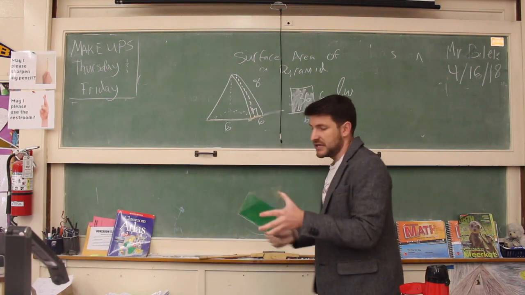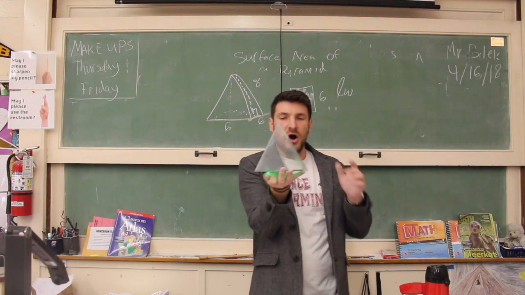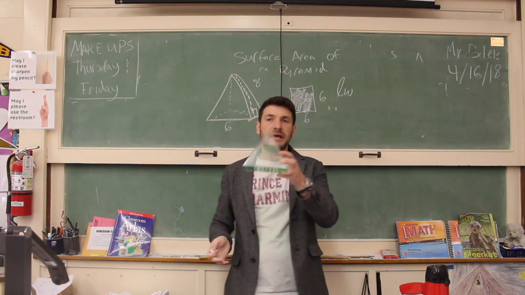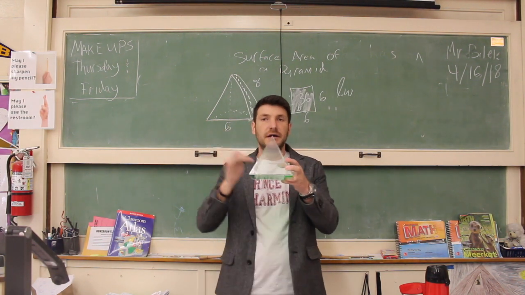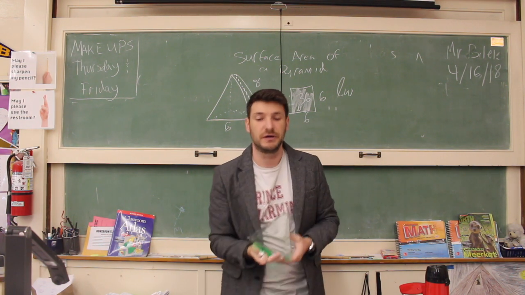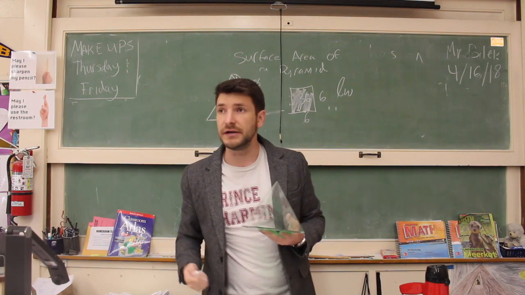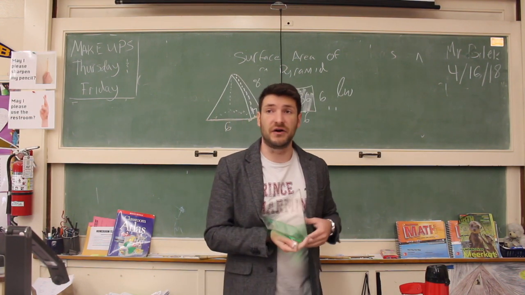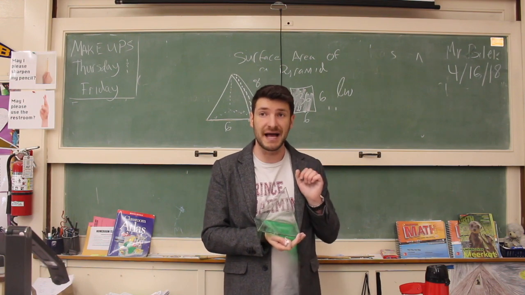That is 36. Now you'll also notice that all of the sides of this square are in fact equal. This side triangle is equal to this one, is equal to this one, is equal to this one. So, in theory, let's keep it short and keep it simple. We only have to find the area of one of the sides.